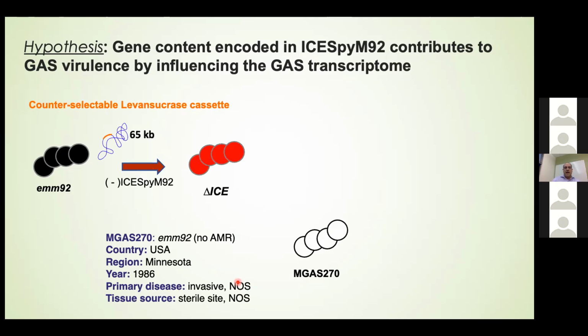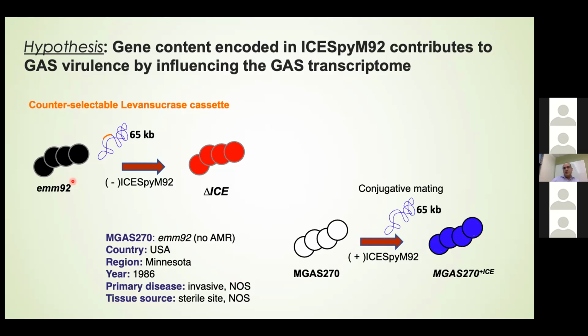To that end, we used a counter-selectable sucrase cassette to induce excision and loss of the ICE in an M92 contemporary isolate, and then introduced the ICE-M92 into the MGAS270 background by conjugative mating. And we were able to achieve integration of the ICE at the same gene locus in the MGAS270 background as it is found in the contemporary M92 background.